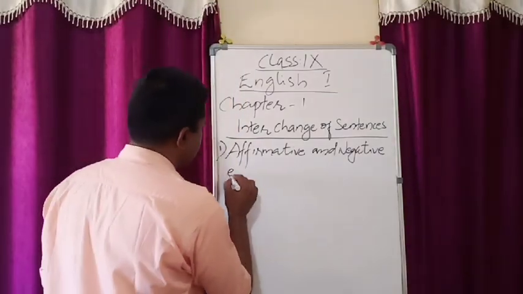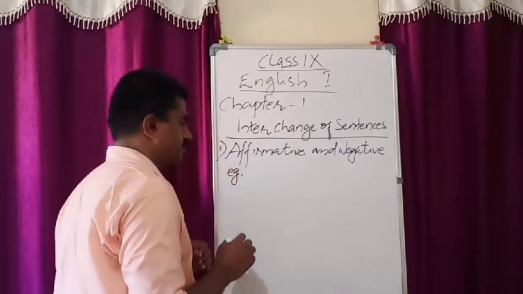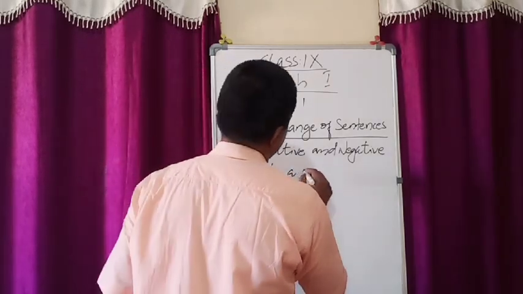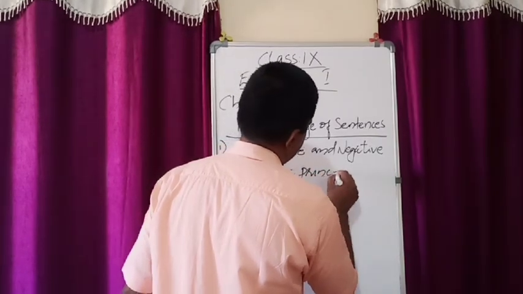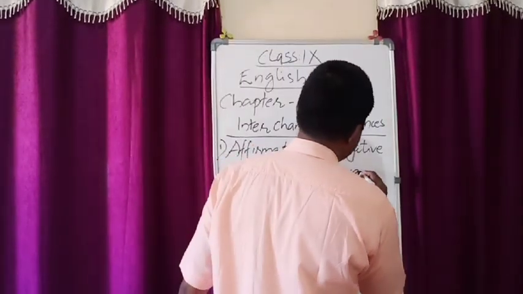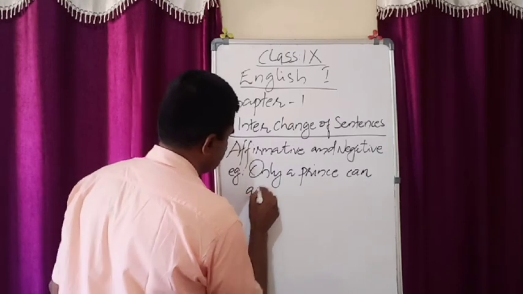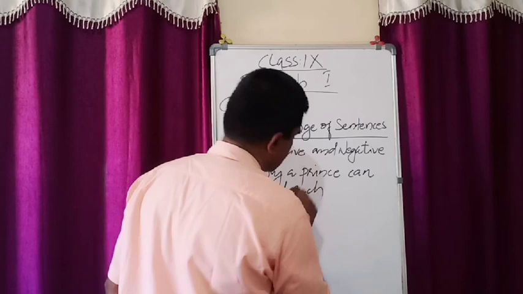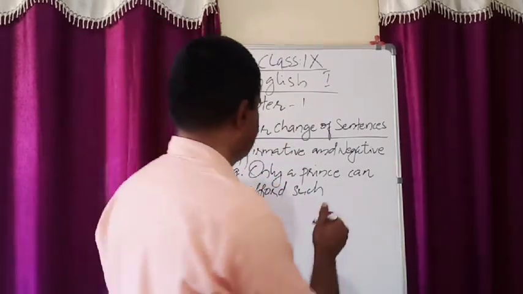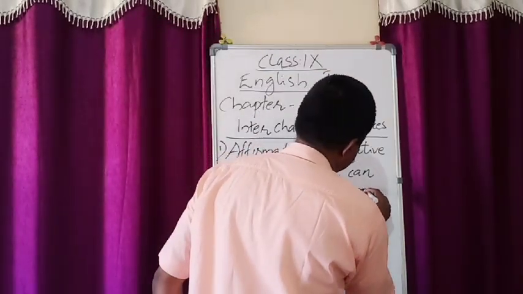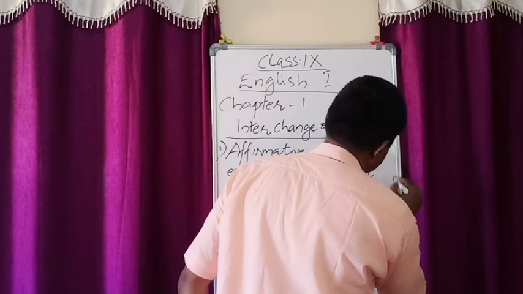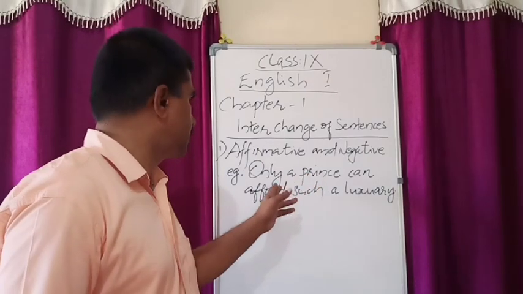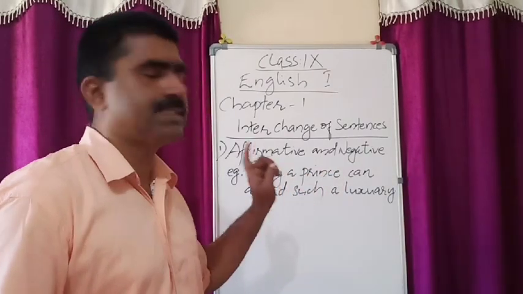For example, only a prince can afford such a luxury. So this is a positive sentence, an affirmative sentence: Only a prince can afford such a luxury.